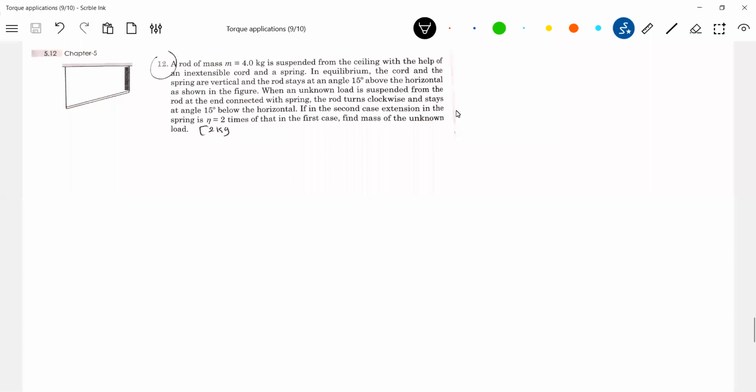I read the question now. Some spring force is brought into the picture. Okay, let me take the diagrams here.